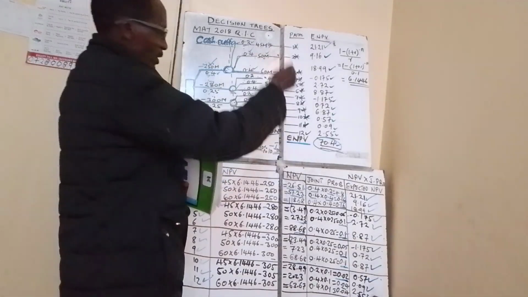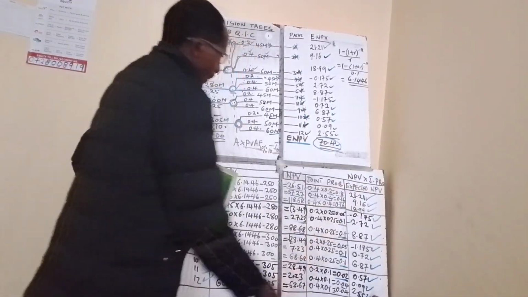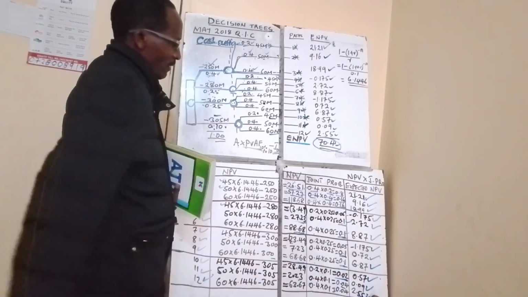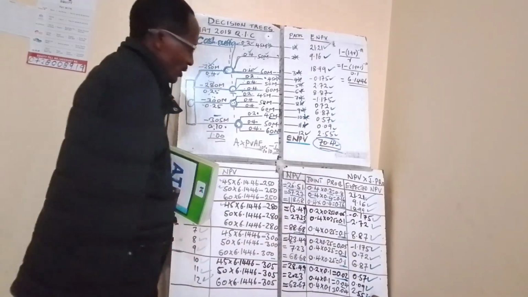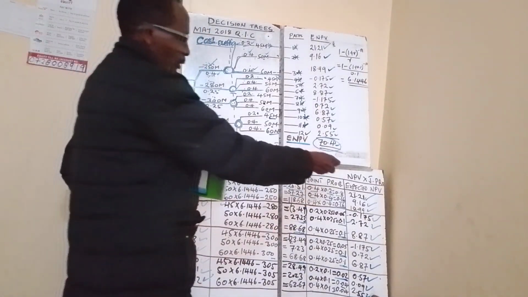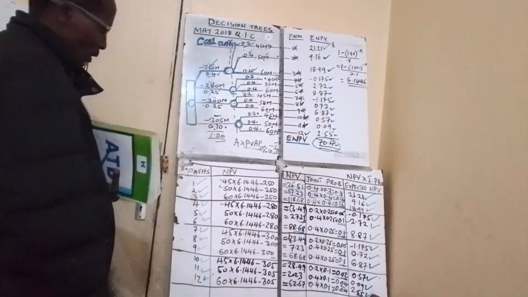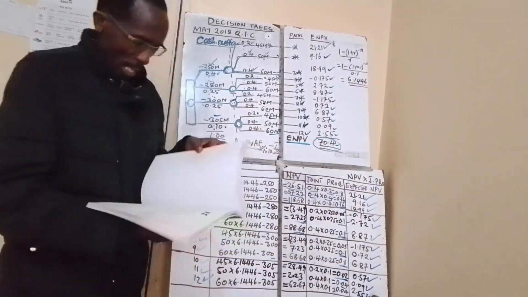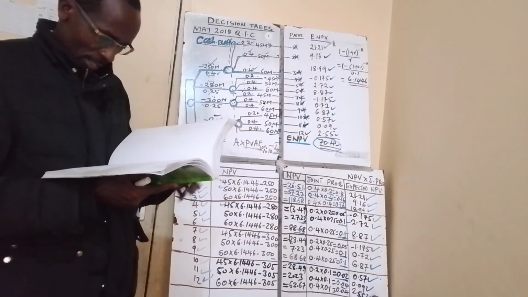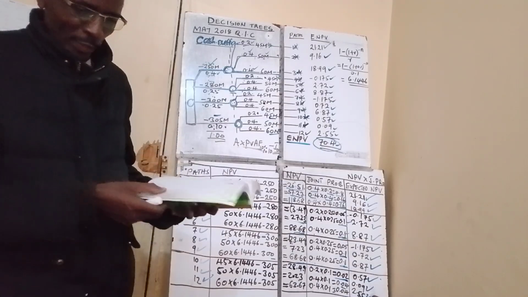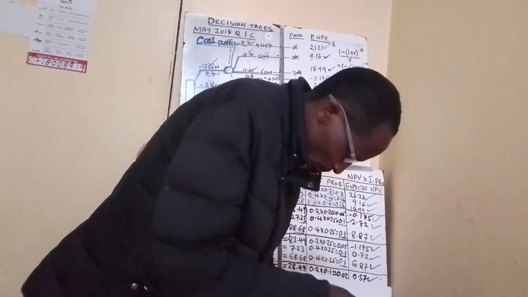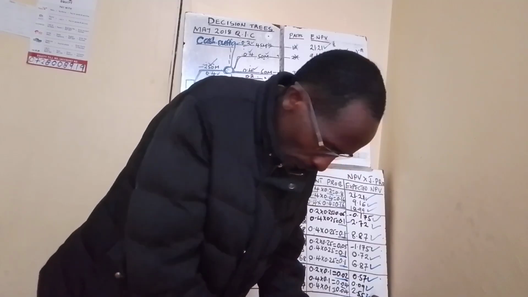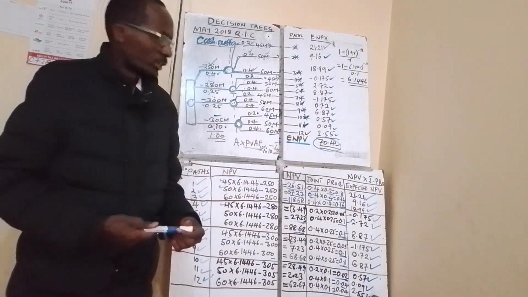We sum up all this part here, whereby we are taking net present value times joint probabilities, and you got those figures there. So you sum all of them, and then you have your answer. Anything else from there? Any question? I think you have understood well, isn't it?